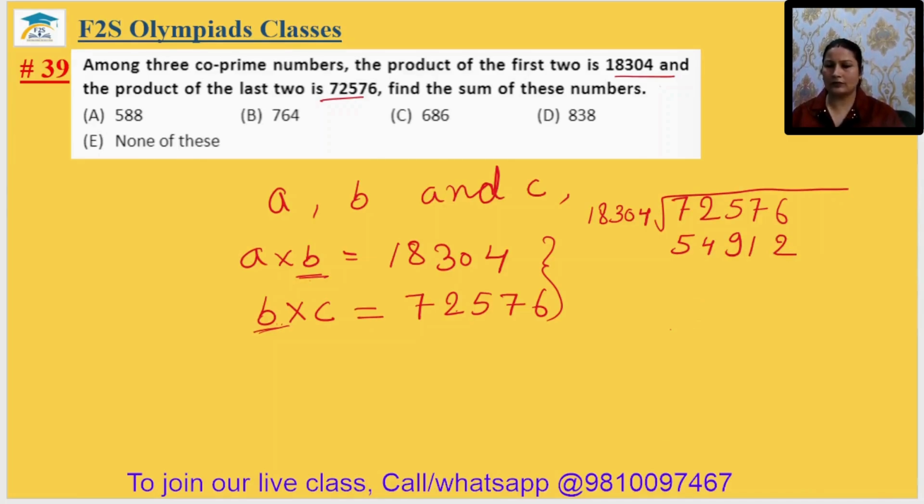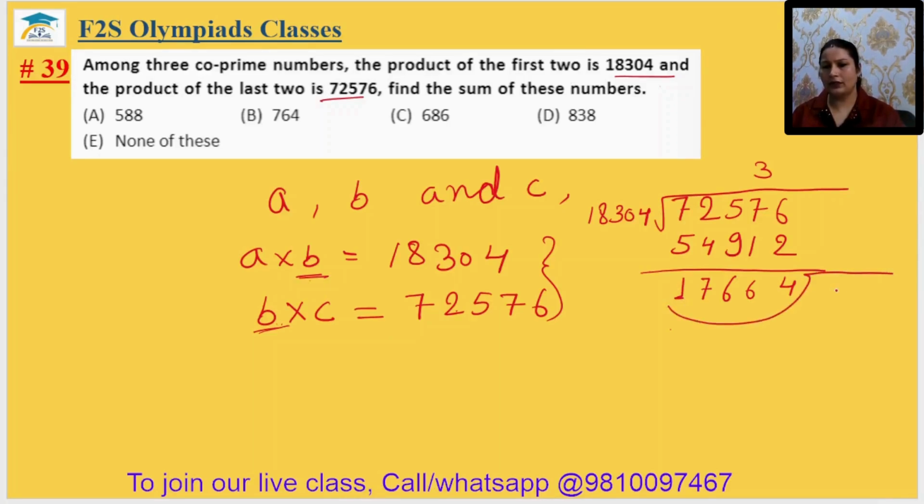Okay, 6 minus 2, 4. 7 minus 1, 6. 15 minus 9, 6. 11 minus 4, 7. And 6 minus 5, 1.